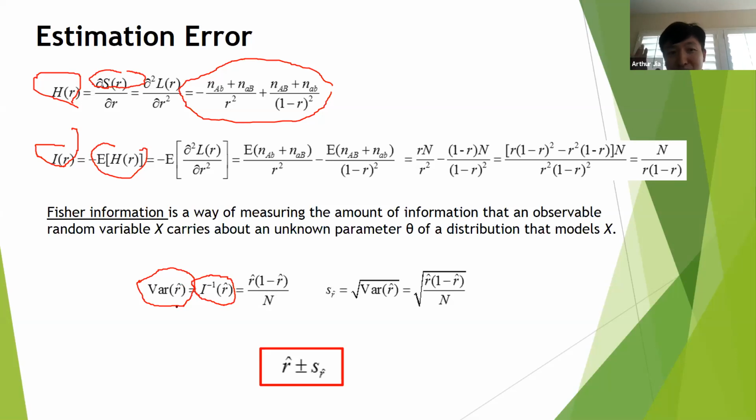But now we want to see how accurately we can estimate this parameter. We need the variance of this estimation, and this gives us the standard error. Usually when we do statistical analysis, we need to report two things. One is the estimation itself, and the other is the standard error for this estimation to show how accurate your estimation is. So this is what we do here.